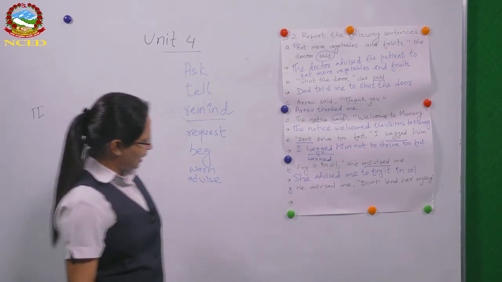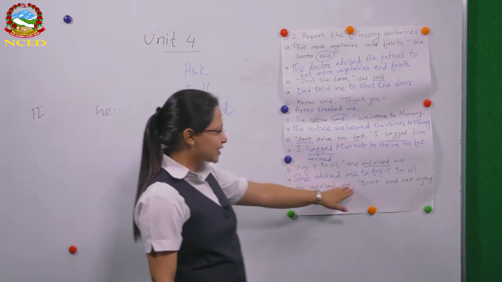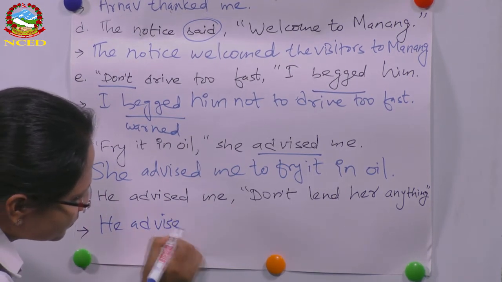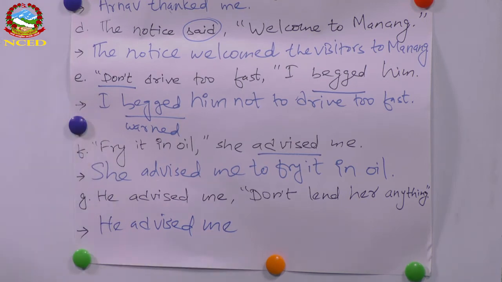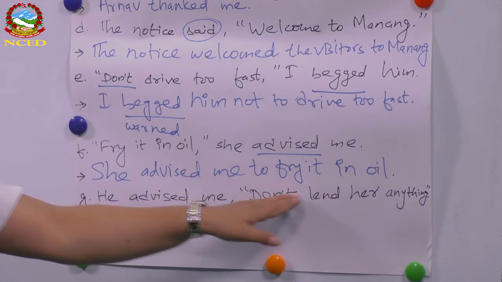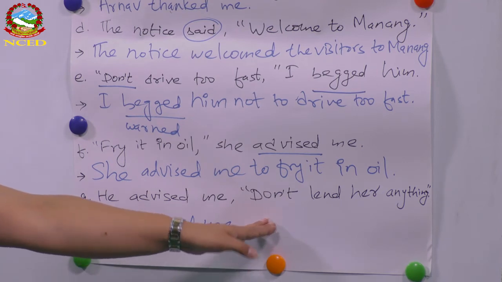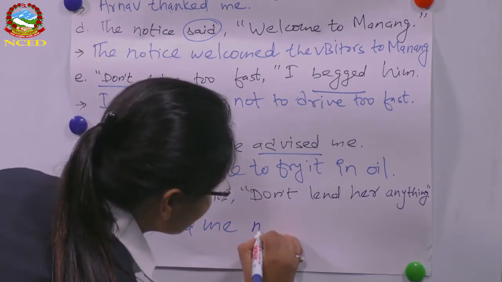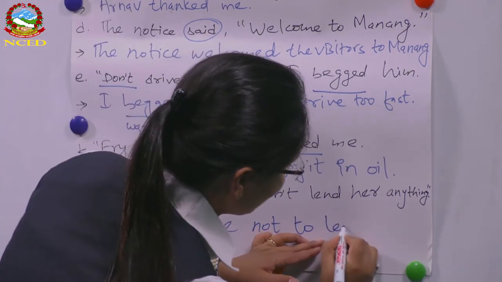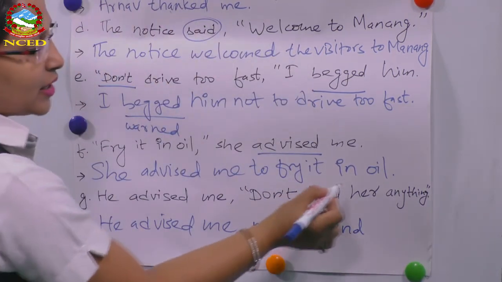Alright. Now, the last one, "he advised me." Again, we don't need to make any changes here, so it comes as it is. "Don't lend her anything." This is a negative sentence, so what do we use? Yes, we use not to lend, and there is a pronoun.